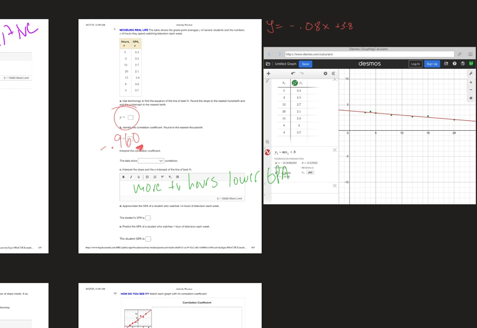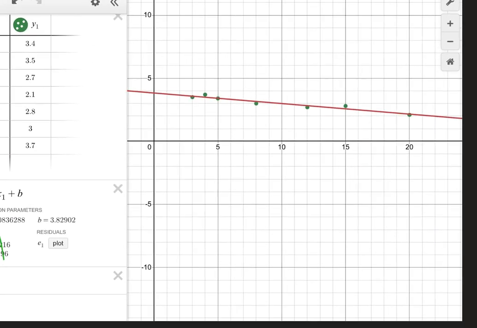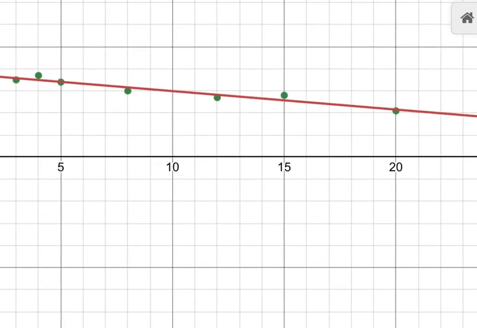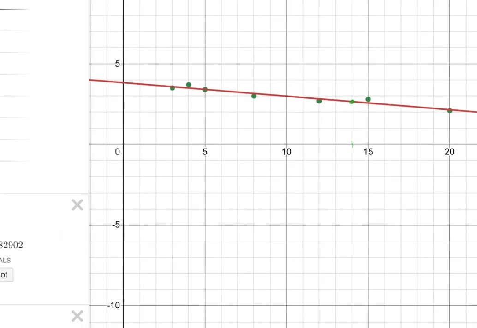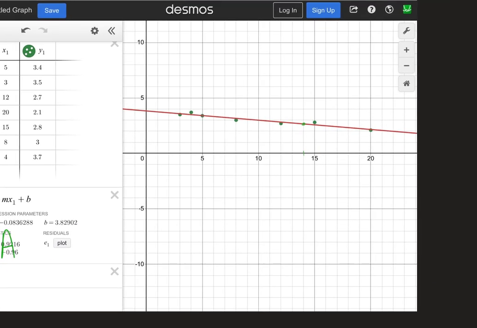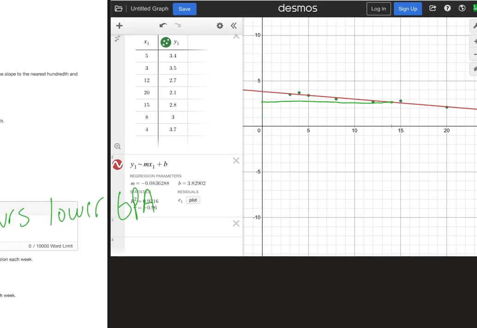And then it says approximate the GPA of a student who watches 14 hours of television. So we could zoom in here and we would say, there's 14, so about right there. And if we were to look, following over here, that's 2.7.